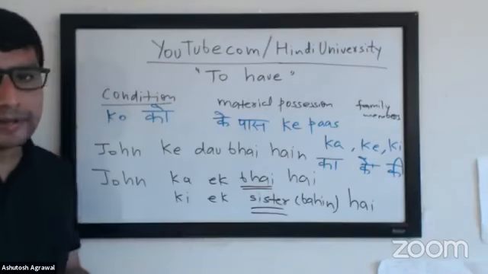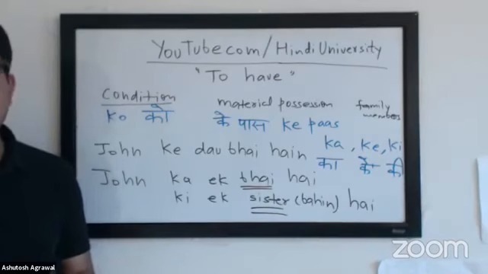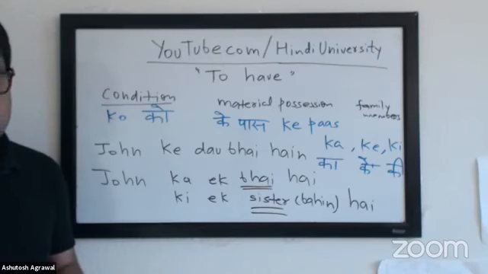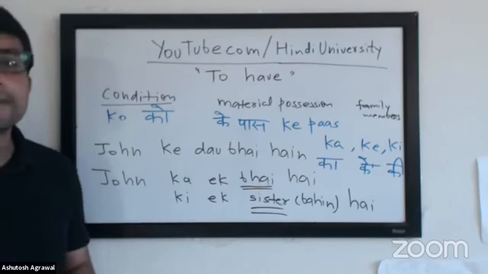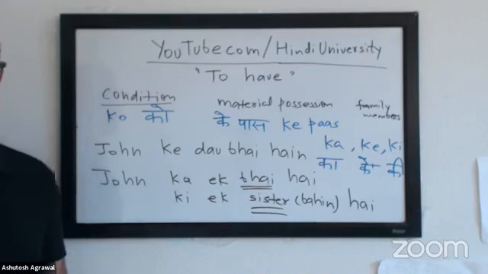Can I have a short question, please? Yeah. In Hindi, there is no need for article, like ek bhai is not needed, right? So it can be John ka bhai hai, just this. I won't get too particular on that, but yeah, if you say John ka bhai hai, that basically implies that he has a brother. Mm-hmm.